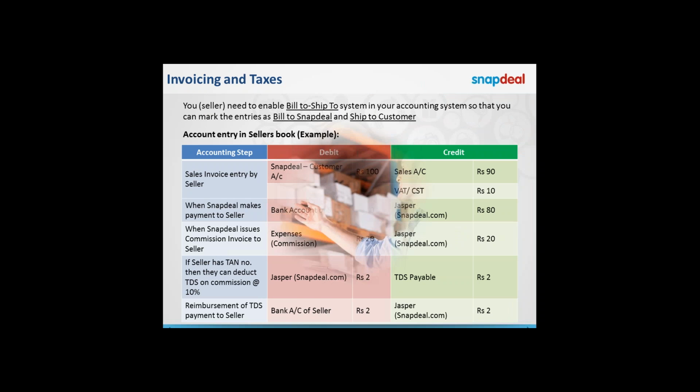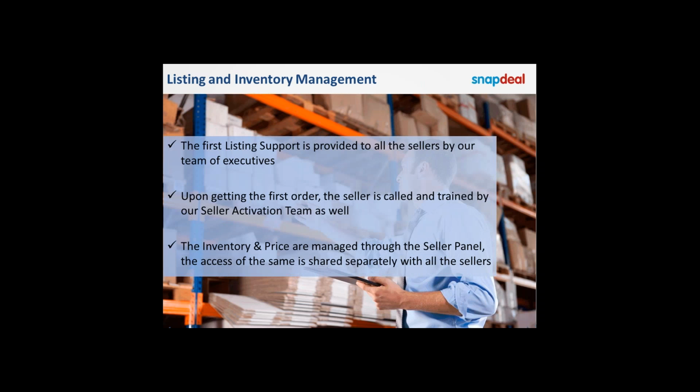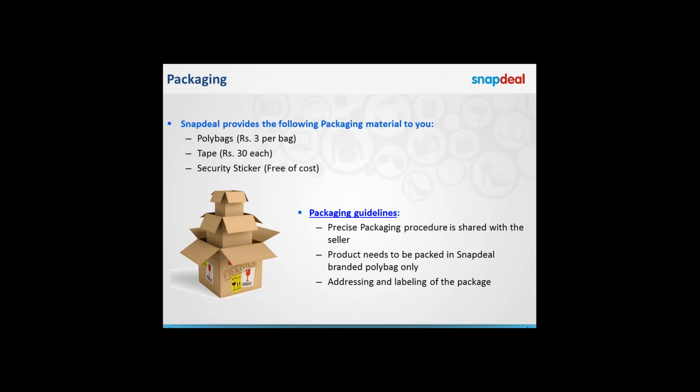We provide listing support for products, as we just spoke about, and then our team would call them to provide training on how to operate the panels which we provide them access to. Then there is packaging, which is required. Snapdeal would provide Snapdeal branded poly bags to the sellers. It is available at 3 rupees per bag, and can be ordered from Snapdeal in multiples of 50.